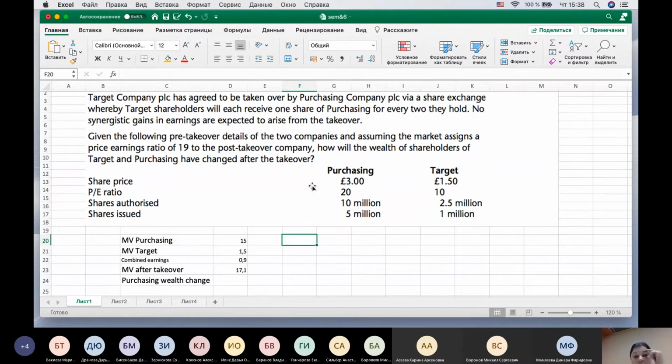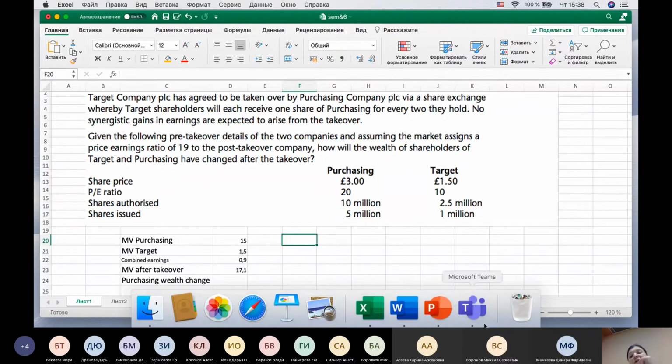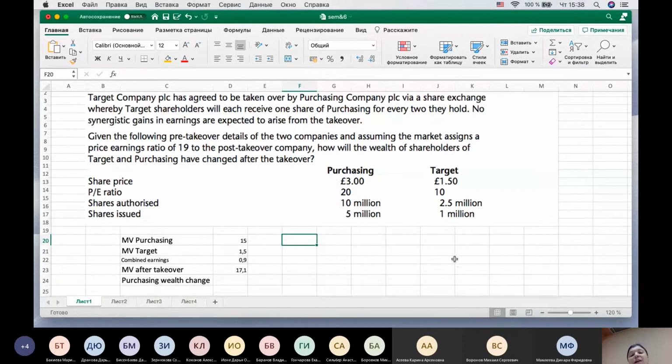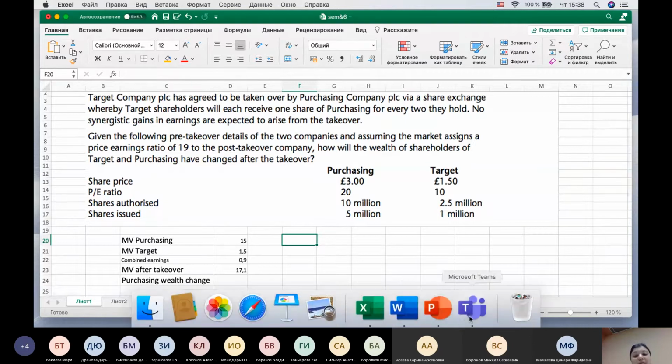So what about the amount of shares of the purchasing company in the market? How could we calculate a new amount of shares to realize our takeover?